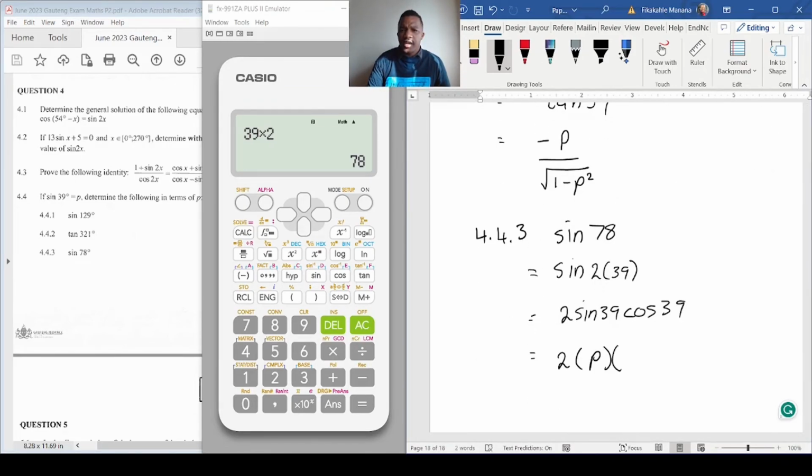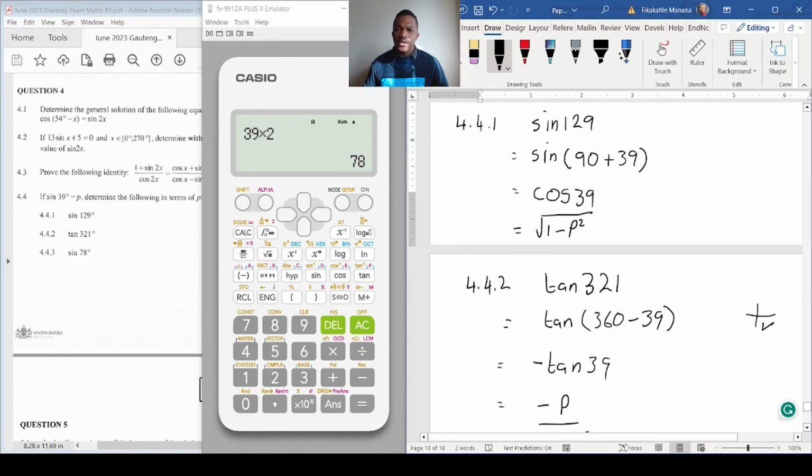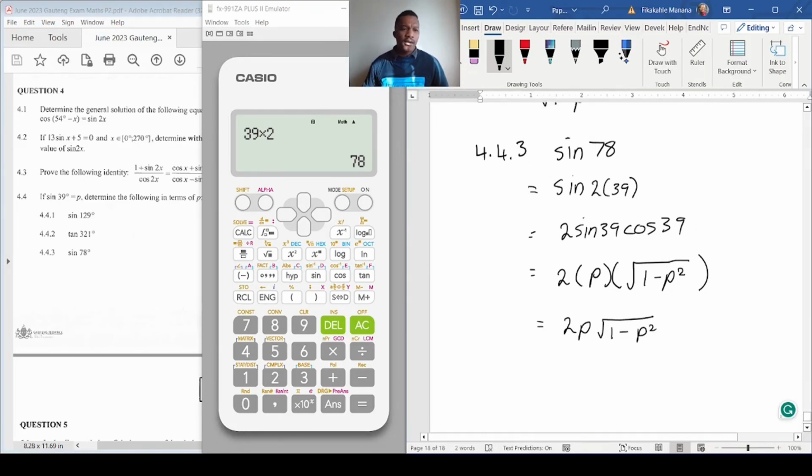And then our cos 39. There, we solved it here. It's that square root of 1 minus P squared. Okay. So that's our answer. Just get rid of the brackets, and then I have 2p square root of 1 minus p squared. Stays like that.